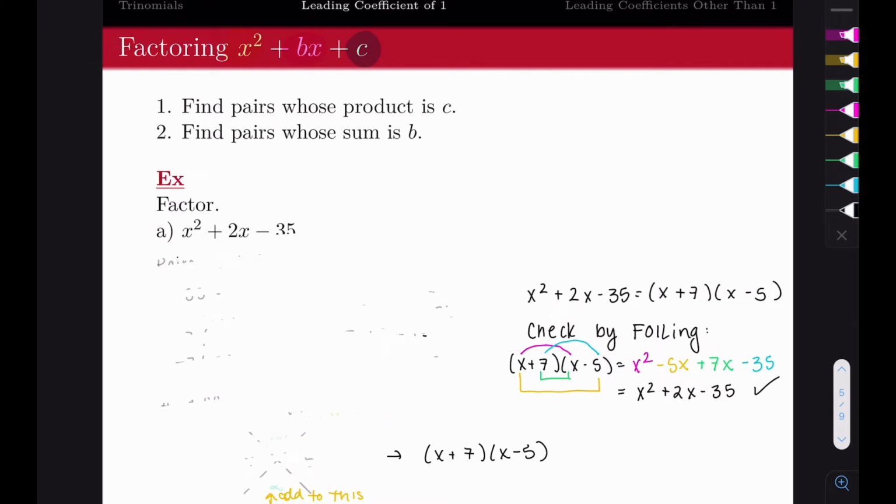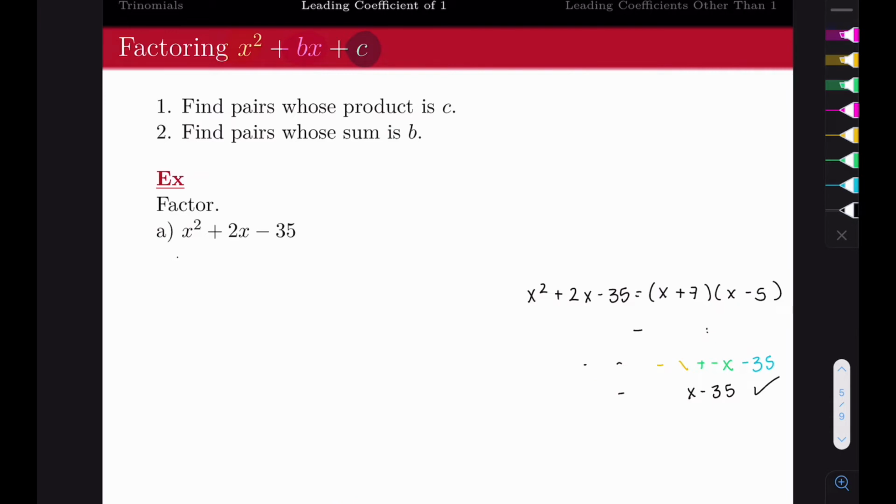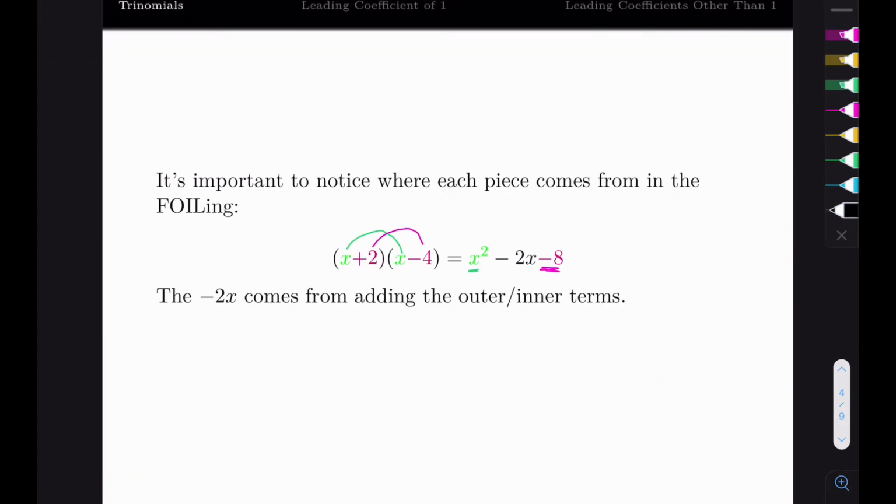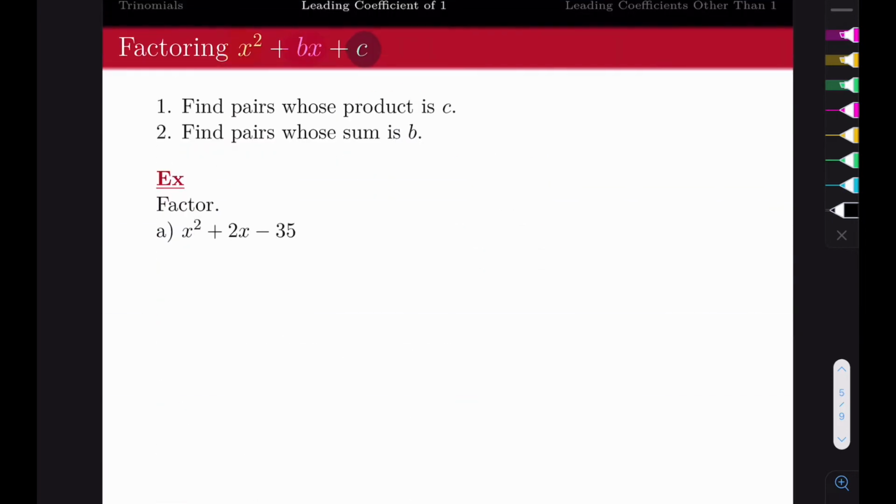And so what that really means is we're identifying where each piece in that trinomial comes from. So when we go back up here, the first terms had to multiply to the x squared. The last terms had to multiply to negative 35. So I'm going to preemptively set up an expression. I want my first terms to multiply to x squared.